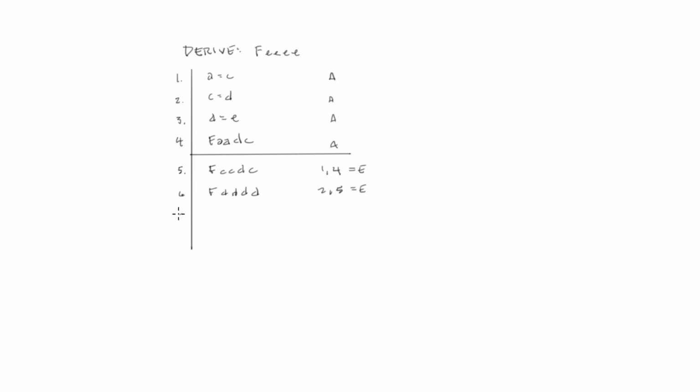And then the last thing we're going to do is take all 4 of those D's and replace them with E because line 3 says D is the same as E. So that gives us F, E, E, E, E from 3 and 6 identity elimination. I think that's the shortest proof, though there are many other ways to get the same result.